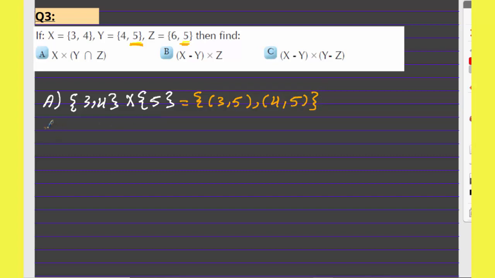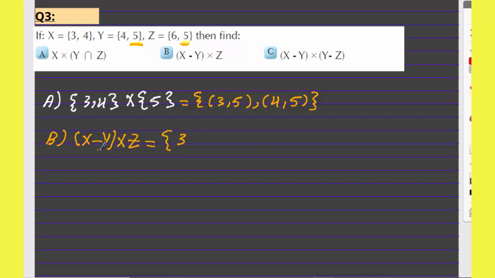Letter B here. X difference y cross z. What is the element of x difference y? It is the element which exists in x and not in y. Here we have 3. 4? No, not 4. And don't write 5. Again, what are the elements of x difference y?